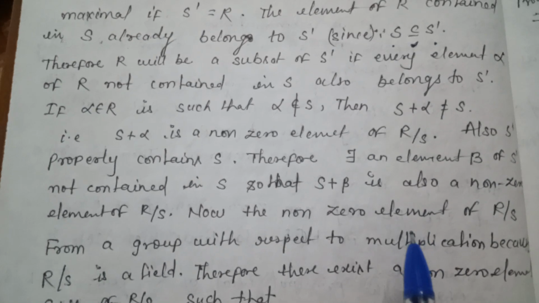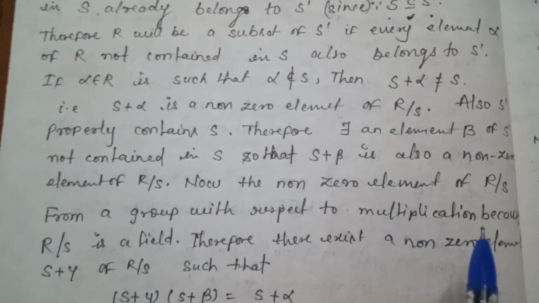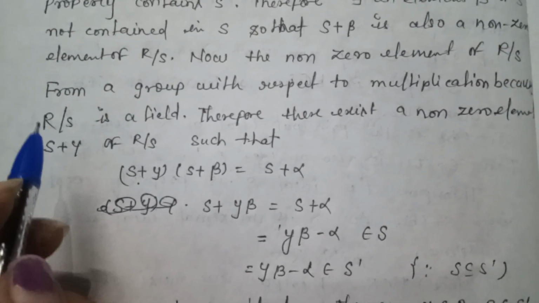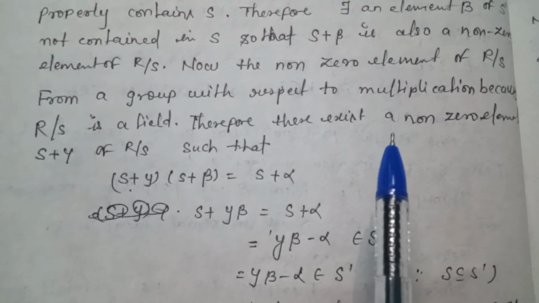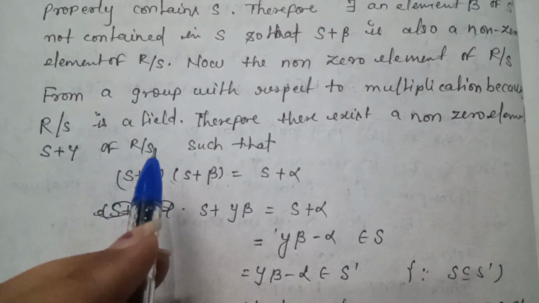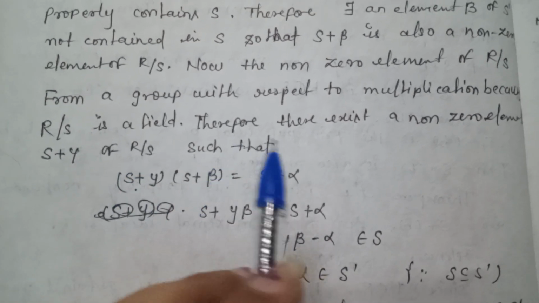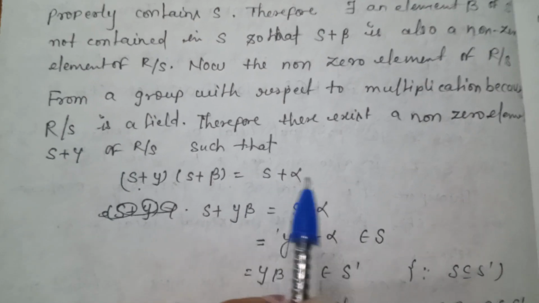Now, the non-zero elements of R/S form a group with respect to multiplication, because R/S is a field. Therefore, there exists a non-zero element S + y of R/S such that (S + y)(S + beta) is equal to S + alpha.